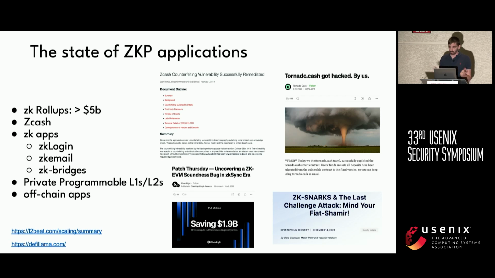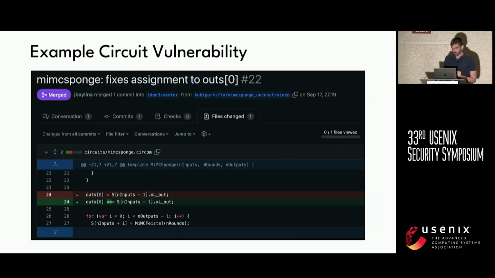So the two main hypotheses people have about why we don't have any exploits so far are, first, that there is not enough return on investment for attackers, which I don't think is true anymore. And secondly, that ZK programs and ZK circuits are very complicated and not many people can understand them, let alone exploit them. But I would say that this is also not true anymore.